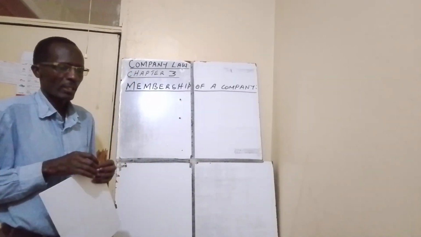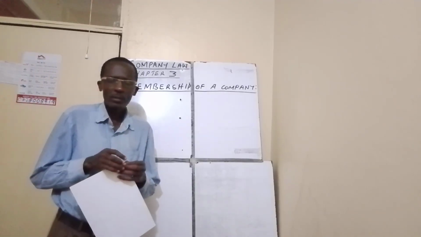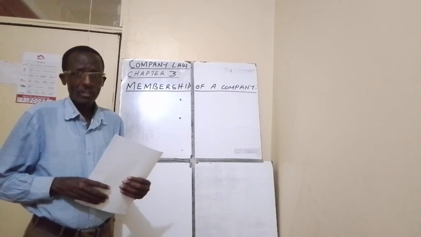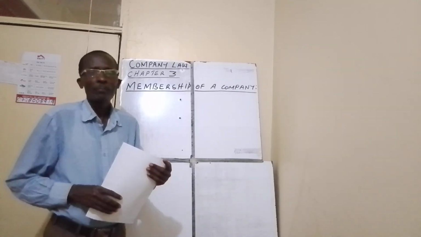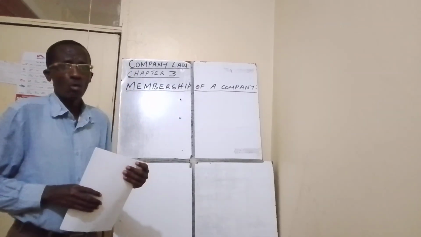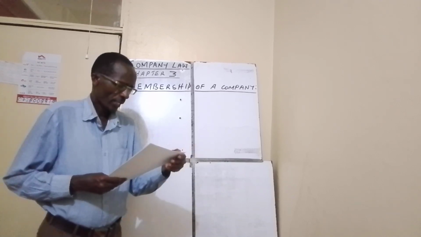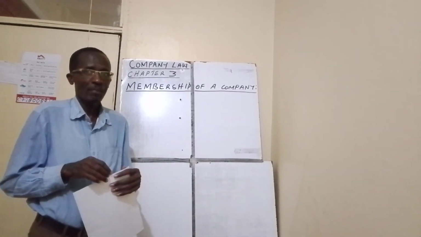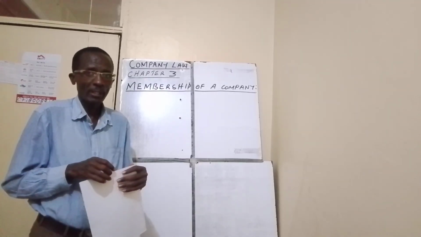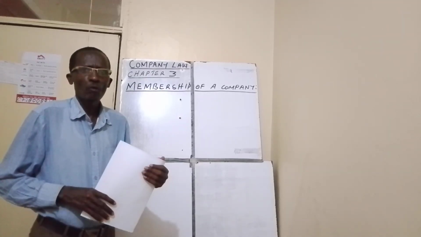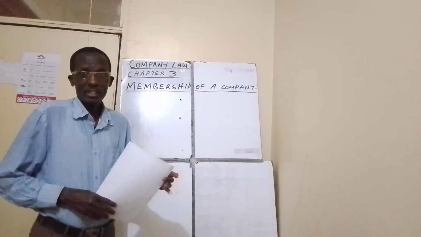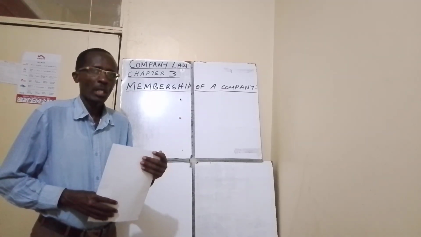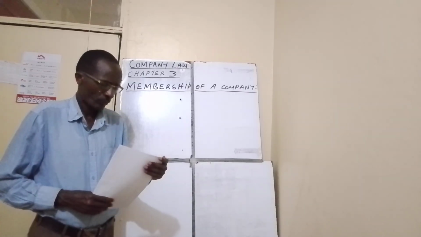Now, when we talk of a member with regard to companies, a member simply means the shareholder. Even though the Company Act does not define what a member is, anytime we talk of a member with respect to companies, we are simply talking about the shareholders.